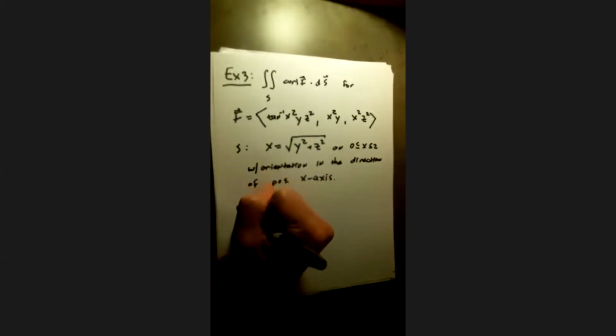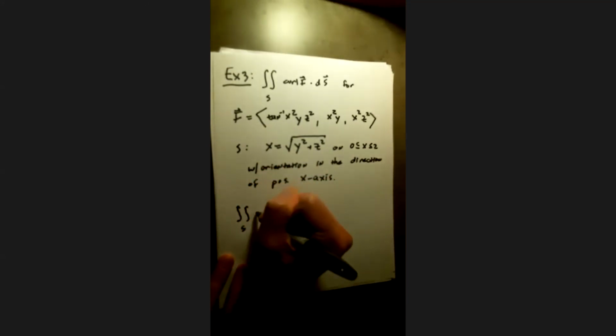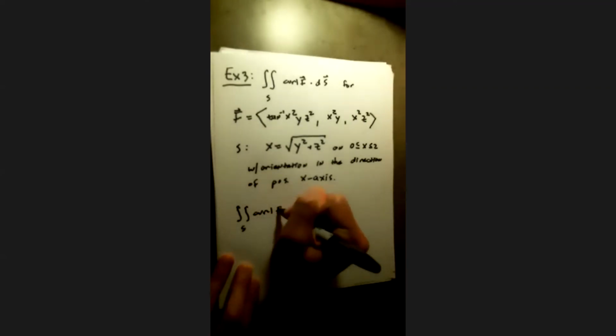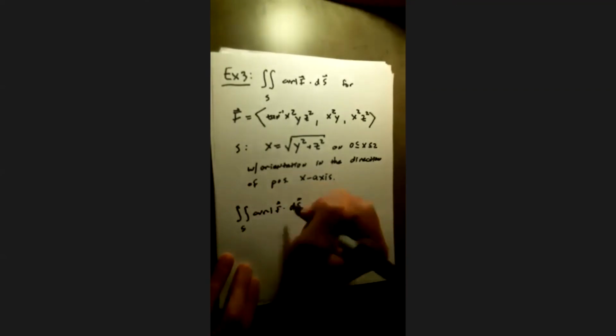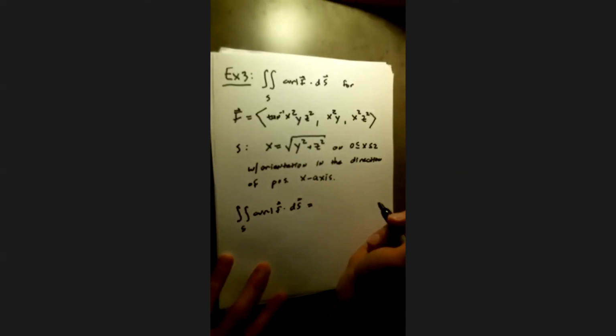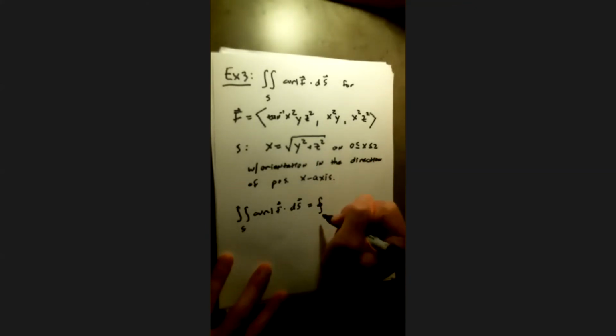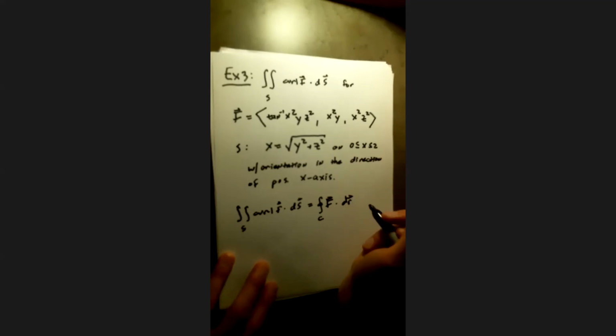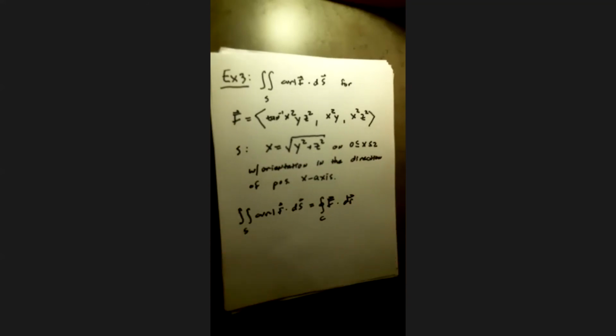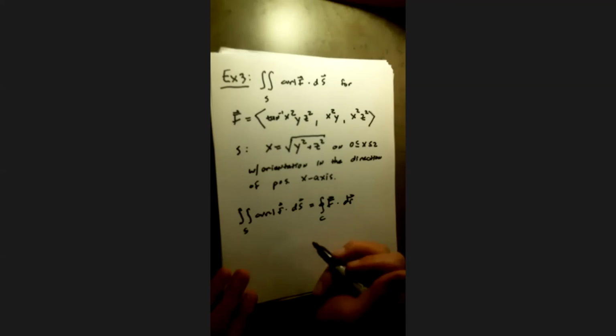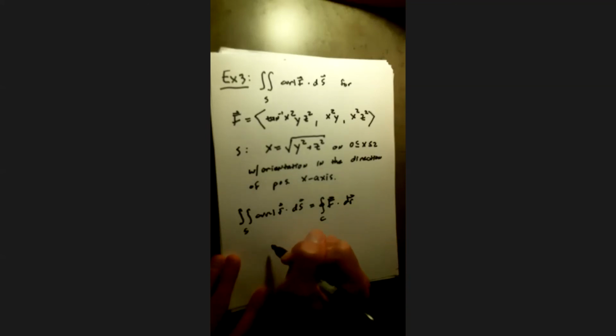So we're going to take that original surface integral and rewrite it as which kind of integral? Line integral, exactly. And so this will now be F dot dr. Before, some of you are probably looking at the notes, we had this picture.